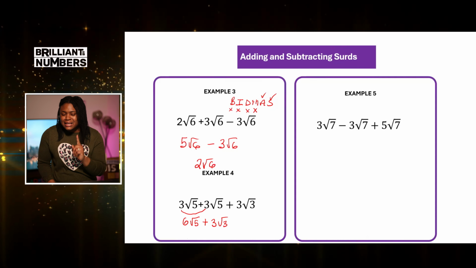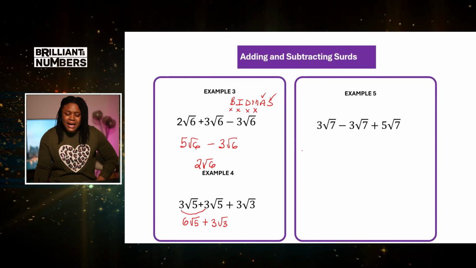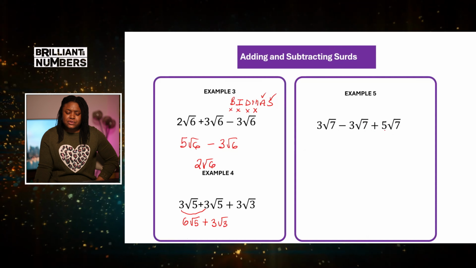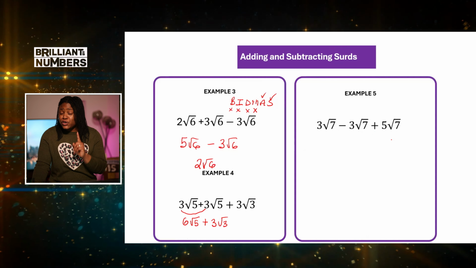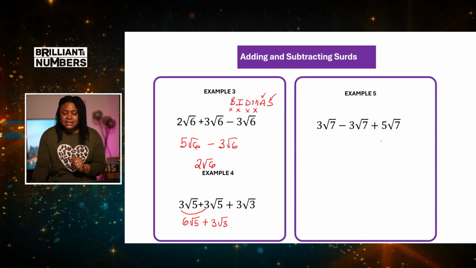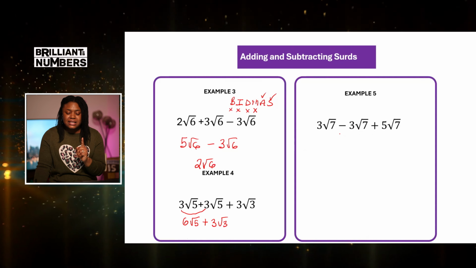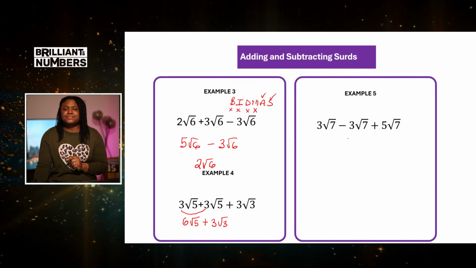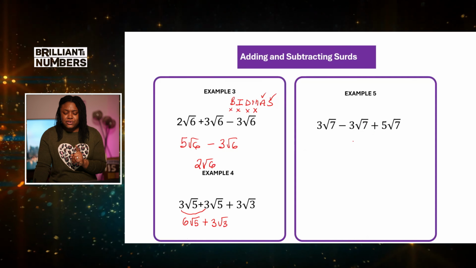But a misconception here is that they believe you could just go ahead and do root 7 plus 5 root 7. If you're going to do that, you have to consider your 3 root 7 as a negative, as there is a minus sign before that. Because if you do not do that, your answer is going to be incorrect.